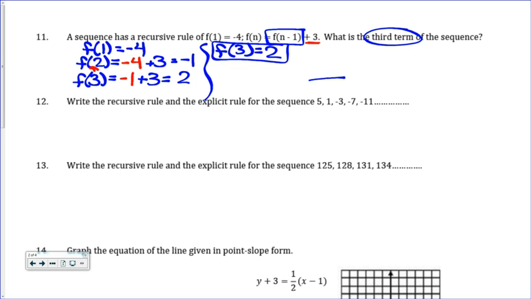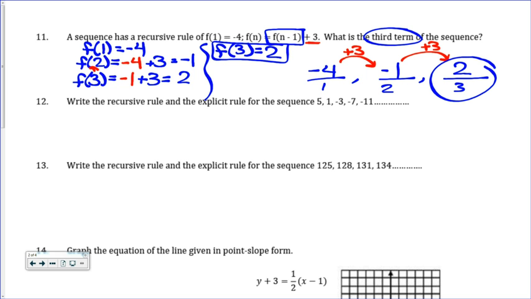Another way to look at it, your first position, second, third, we're starting at negative 4, and we need to add 3. So negative 4 plus 3 gives us negative 1, plus 3 is going to give us 2. So our third position, the value is 2.